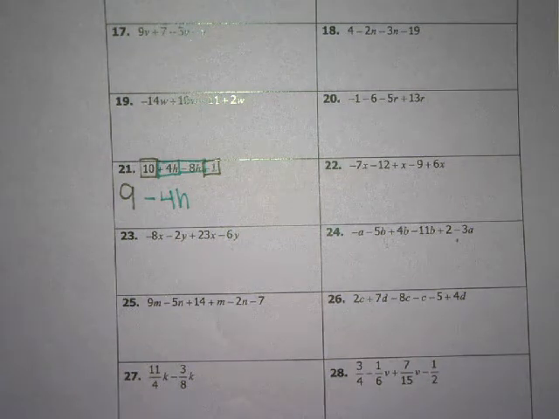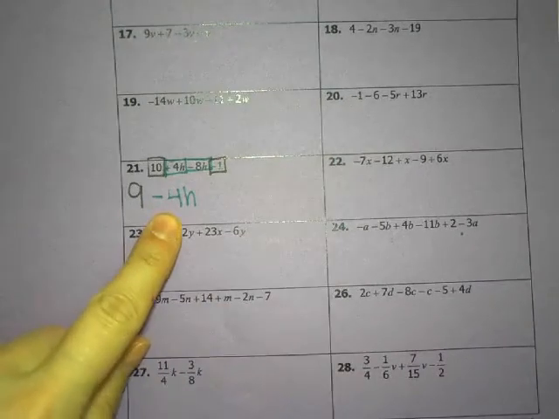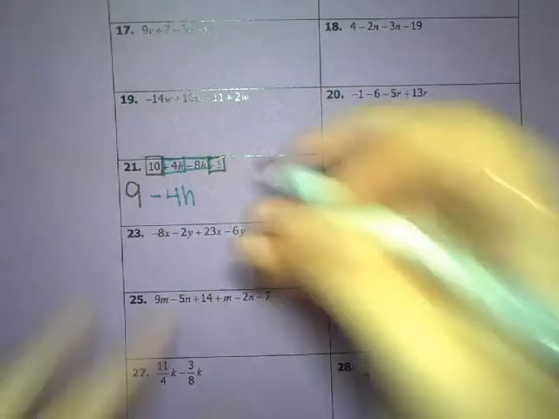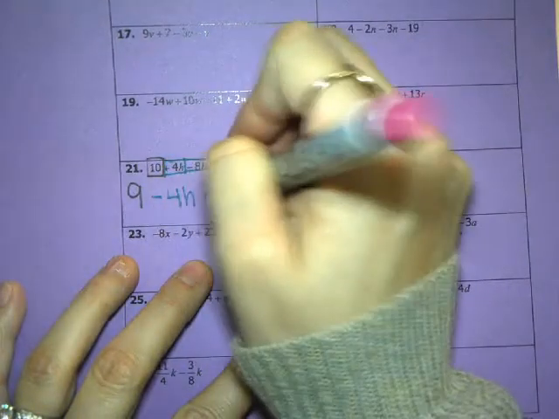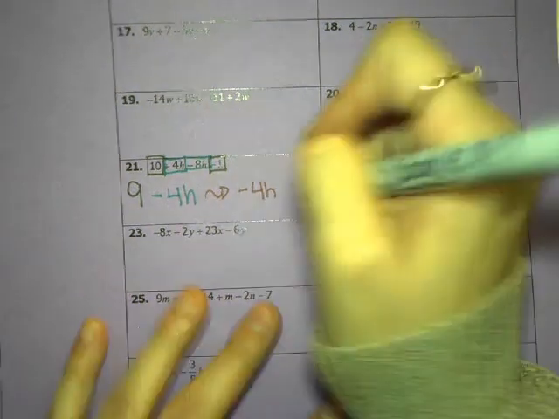You can write it one other way. I can change my answers by flipping it around so my variable comes first, which means I can take the 4H, and the 4H was a what? So I need to write the -4H, and then I have a 9.